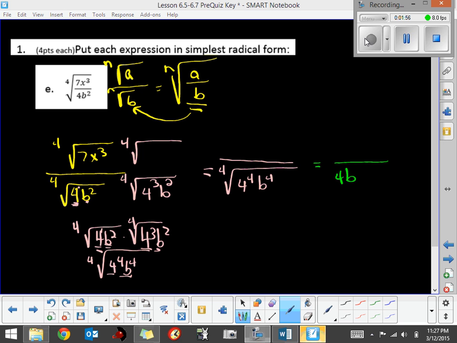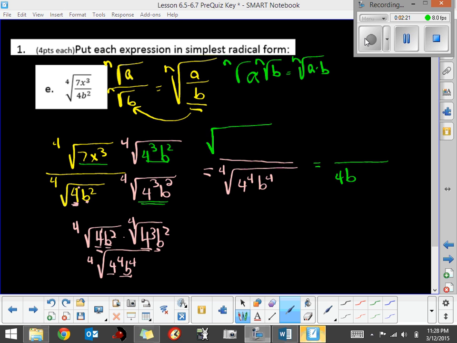Now, in the numerator, we have to multiply the top and bottom by the same thing. Since we multiplied the bottom times the fourth root of 4 cubed b squared, the top needs to be multiplied by 4 cubed b squared. Okay, so now we've got the rule that says if you have the nth root of a times the nth root of b, you can combine them under the same radical, the nth root of a times b. So we can combine the values underneath each of these radicals.